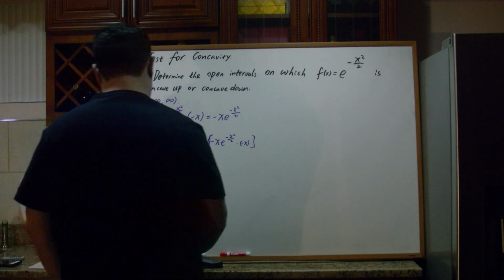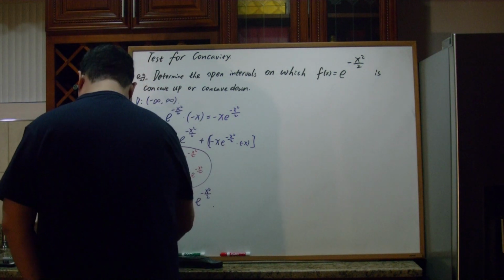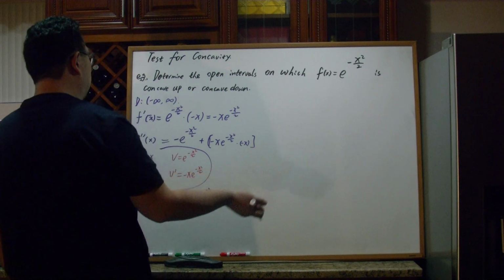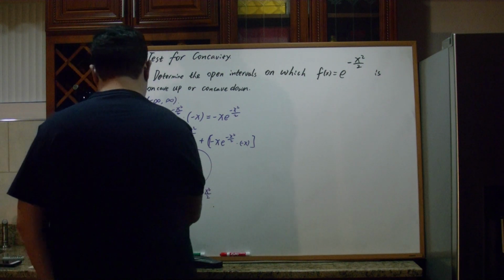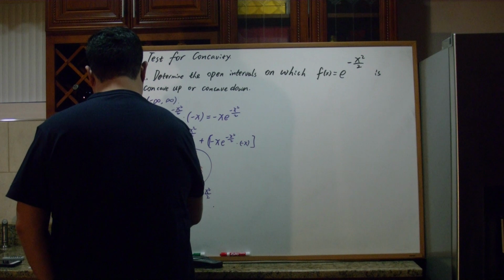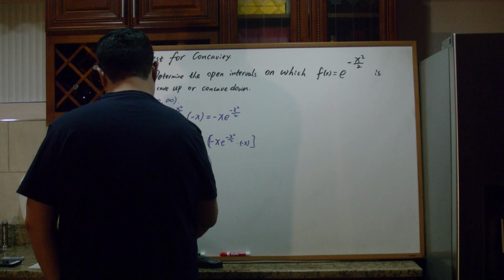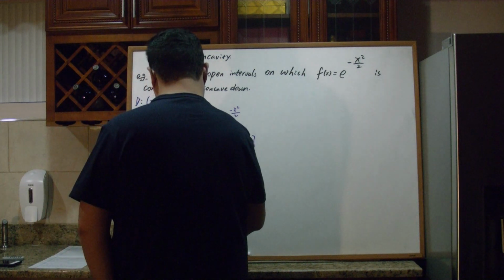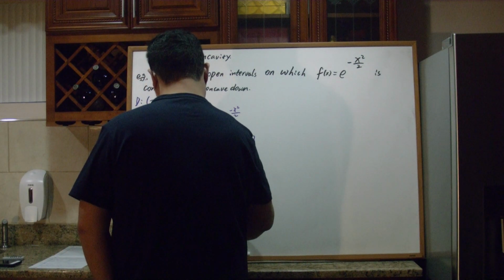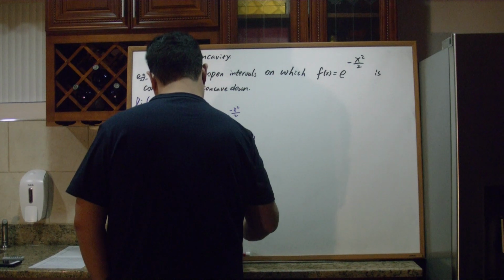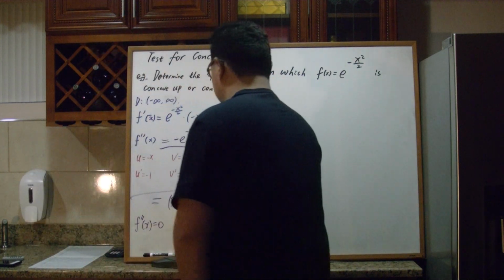Then to find the change of concavity, to find where f double prime is positive or negative, we still need to find where possibly f double prime equals 0, or f double prime is undefined.